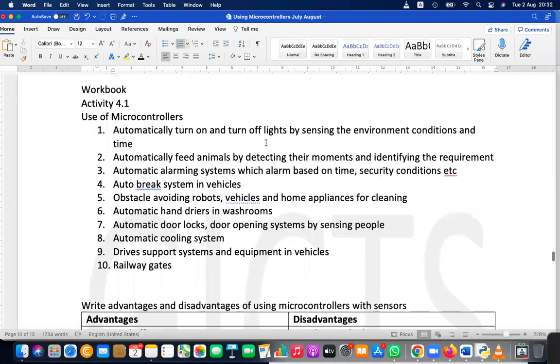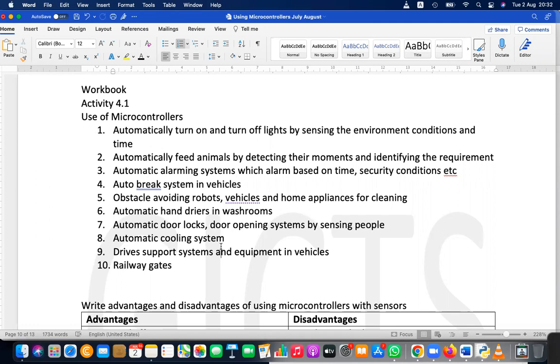Automatically turning lights on and off, sensing environmental conditions, animal feeding systems, auto braking systems, alarming systems, security alarms, obstacle avoiding robots, hand dryers in washrooms, automatic door locks, automatic elevator systems, driving support systems, railway gates.